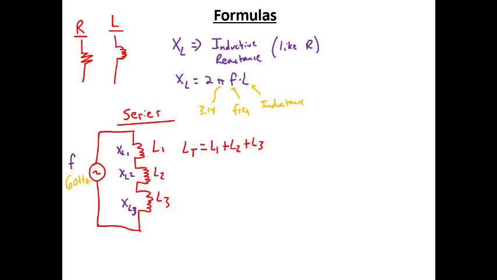So we'd have an inductive reactance for each of the inductors, and X sub L total would equal X sub L1 plus X sub L2 plus X sub L3. Also, X sub L total would equal 2 pi times the frequency times L total. So if we knew the L total here, we could find X sub L total there.